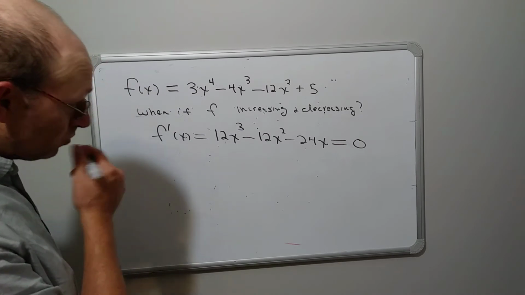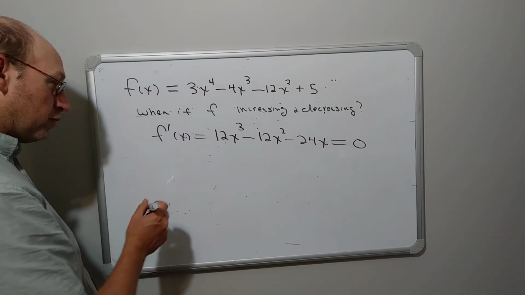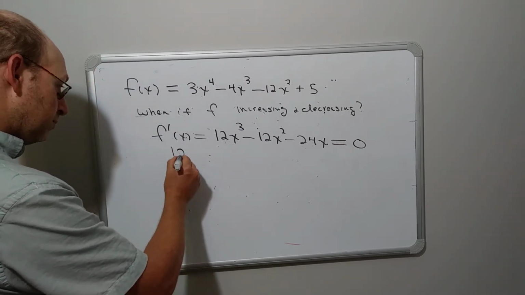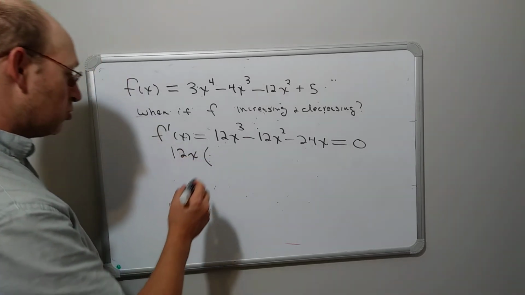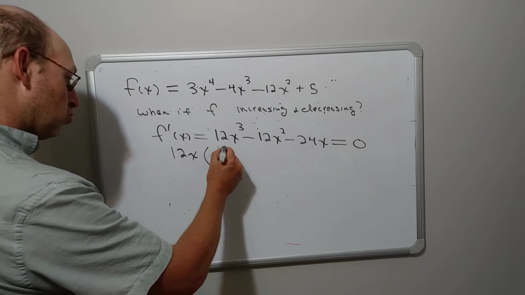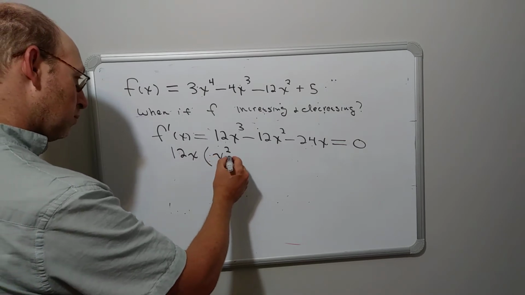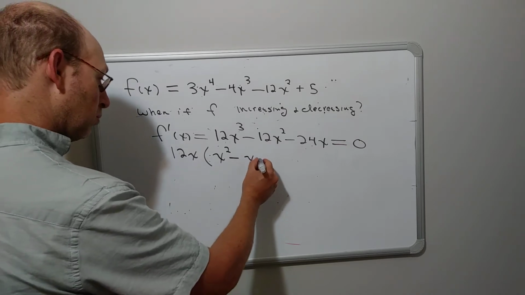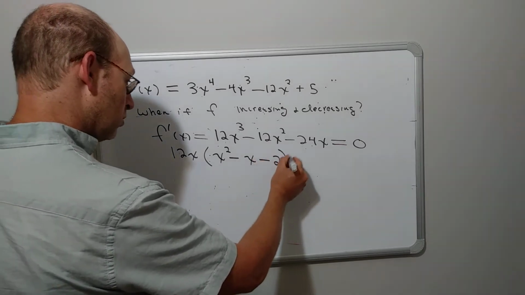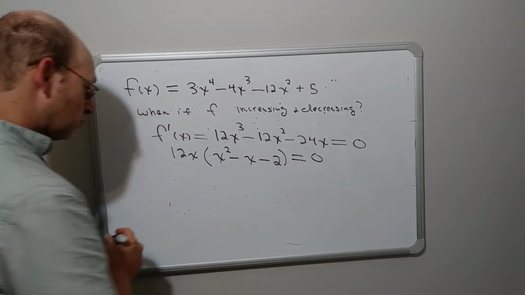So let's solve for x. Factor out a 12x, and what we're left with is x squared minus x minus 2 equals 0.